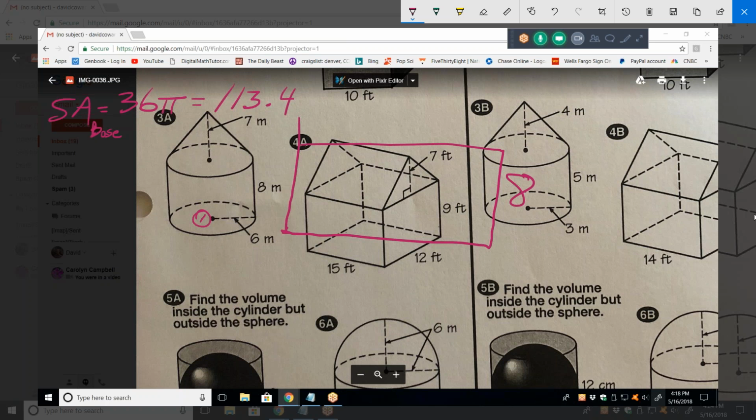What's the length of that rectangle? How would you find the length of the rectangle? The circumference of that circle. 2 pi r. 12 pi. That is the length of that label.